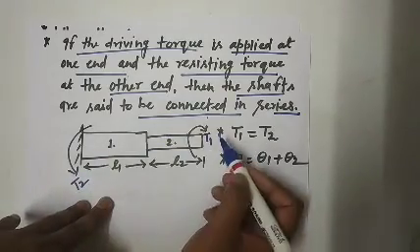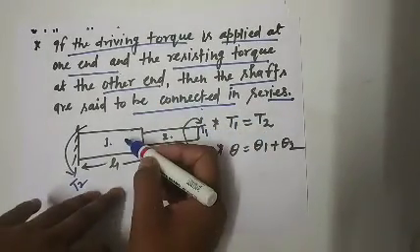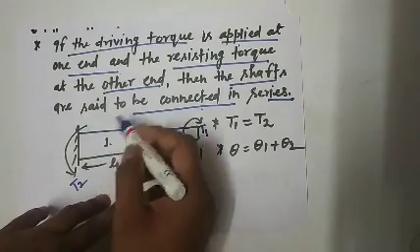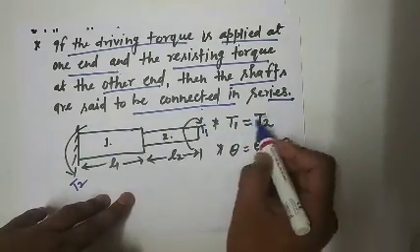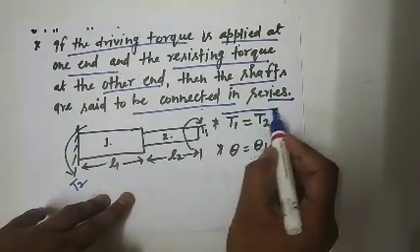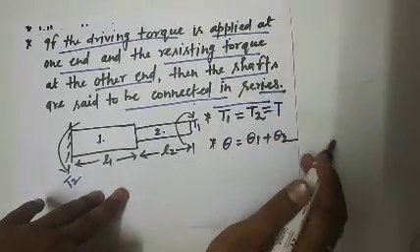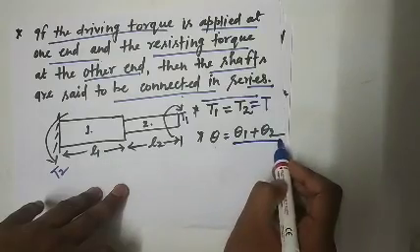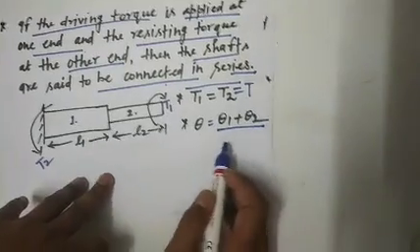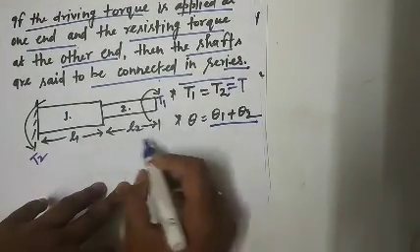For this series connection, the desirable condition is that the torque will be the same for both shafts, T1 equal to T2 equal to T, and the total angle of twist will be equal to the algebraic summation of the angle of twist of each individual shaft.